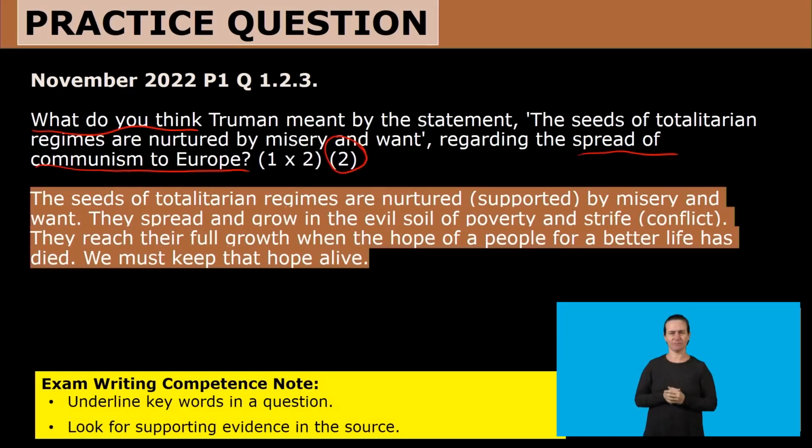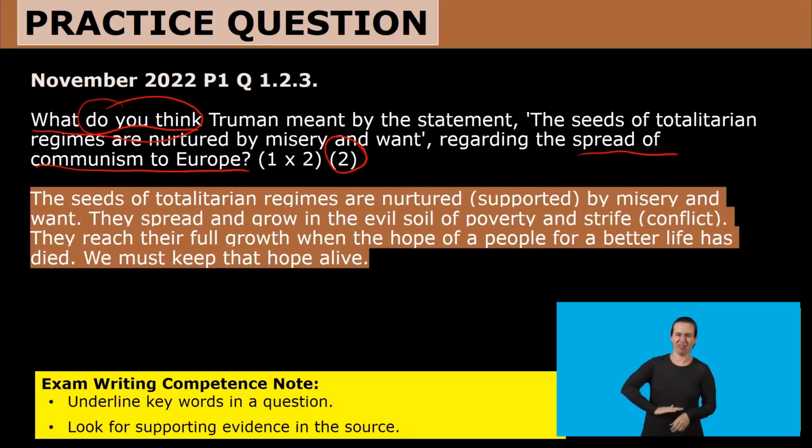And remember, just because the question says, what do you think, it doesn't mean anything goes. The question tells you that you need to think with regard to the spreading of communism to Europe, and then you link the statement to that. So if you look at the source, it says, the seeds of totalitarian regimes are nurtured, which means supported, by misery and want.